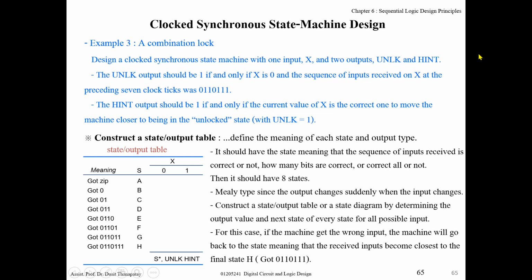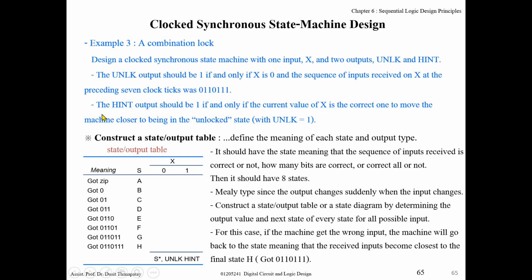Next, example 3: designing a combination lock. Design a clocked synchronous state machine with one input X and two outputs, unlock and hint. The unlock output should be 1 if and only if X is 0 and the sequence of inputs received on X at the preceding 7 clock ticks was 0, 1, 1, 0, 1, 1, 1.